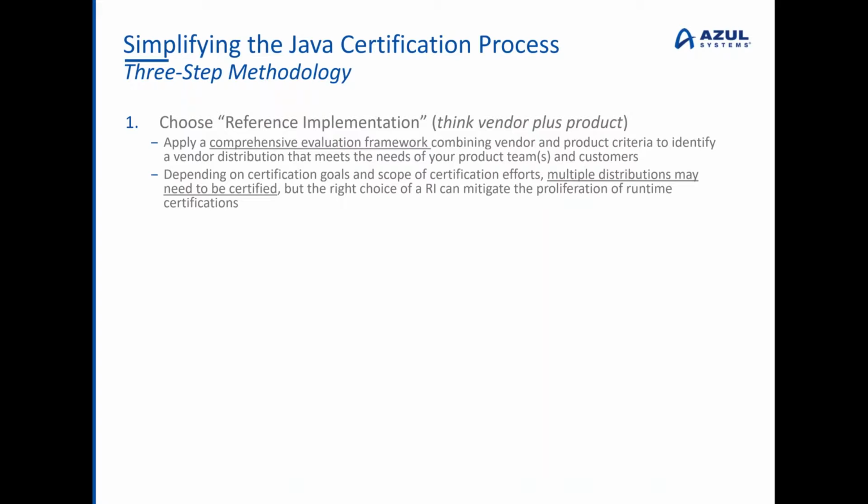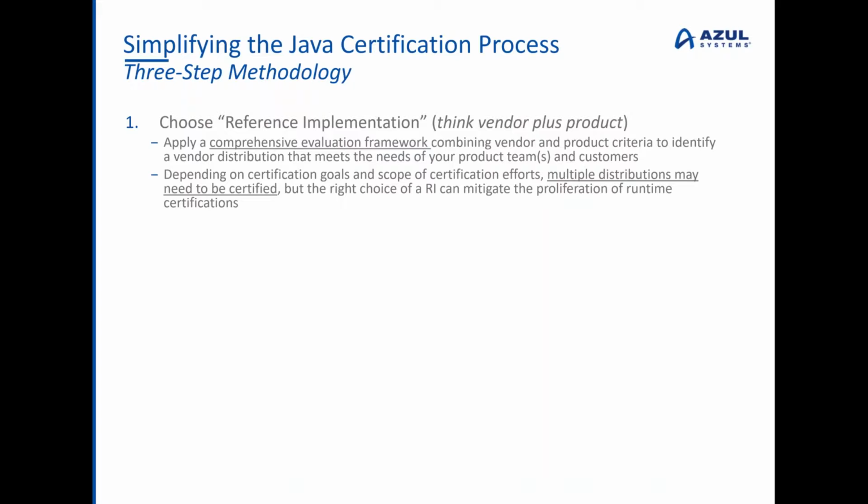And that last piece is critical. It's important as an ISV not to get myopic and only think about certifying a JDK that meets your needs, because ultimately that JDK is consumed by your customers. And they have requirements too, and we're going to talk about those.